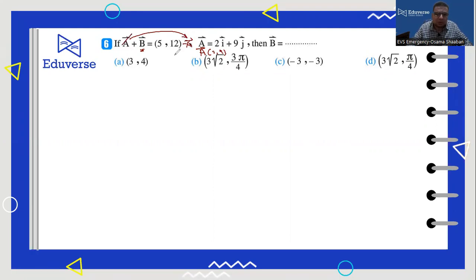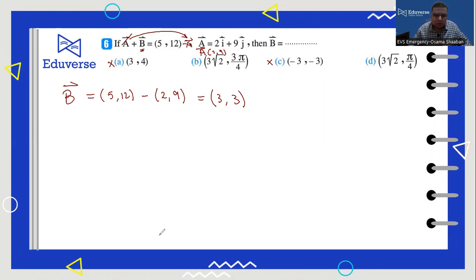Remove from the left side to the other side. So B vector equals 5 and 12 minus A vector, which is 2 and 9. So equals 3 and 3. But in the choices, not this, this is 3 and 3, and this is polar form.